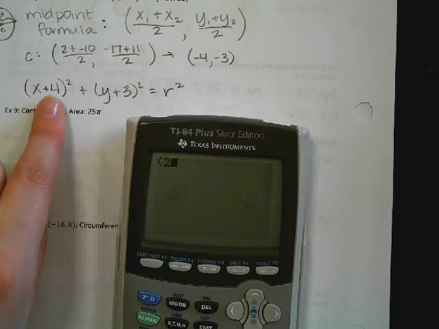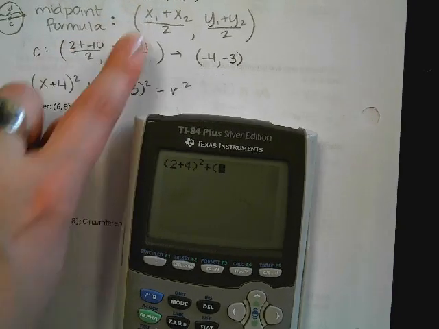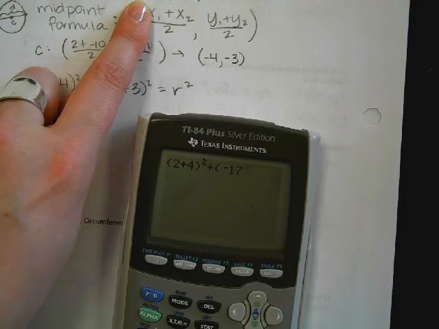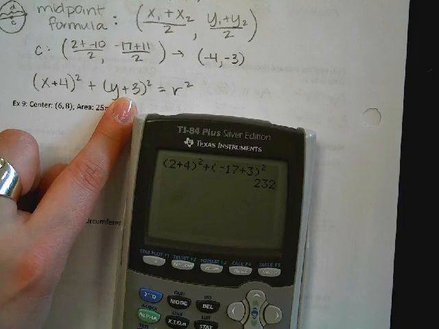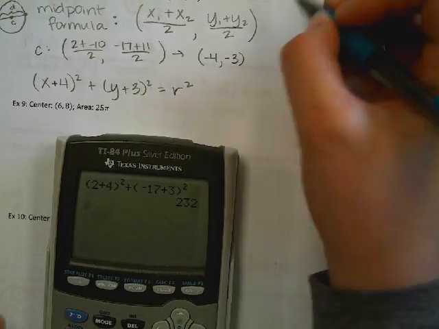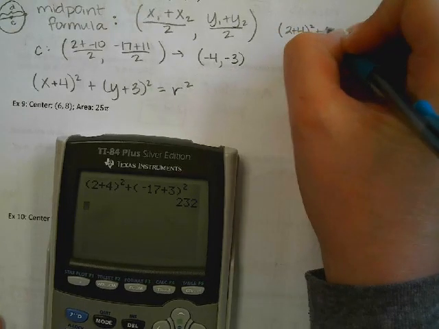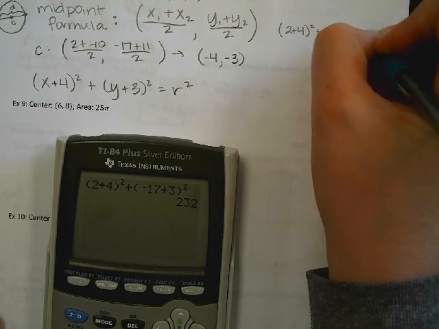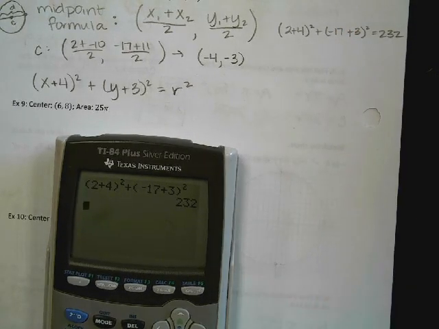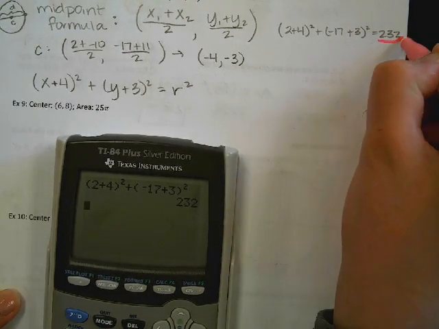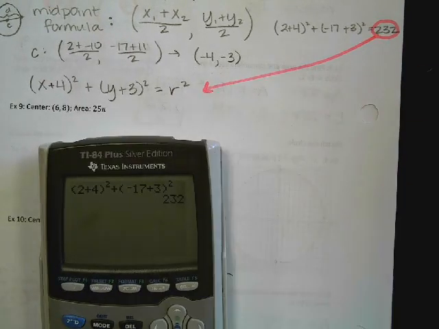So 2 plus 4 squared plus -17 plus 3 squared equals 232. Okay, and so that means that this 232 can go right over here.